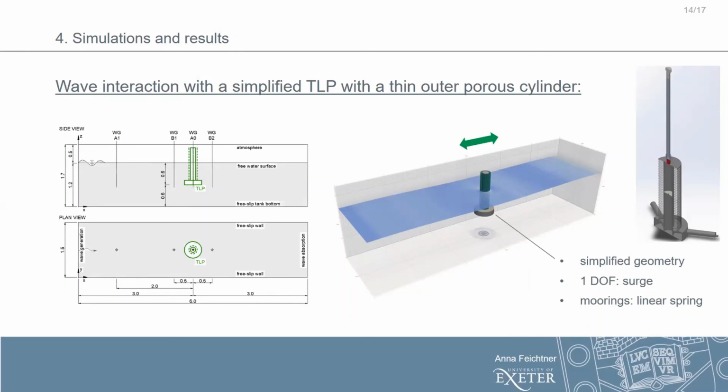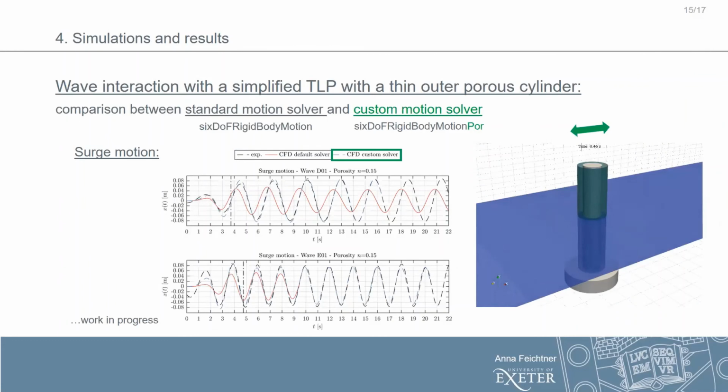So this is the first simple model to keep the computational demand low, and also the mesh is relatively coarse here. And the initial results show that it gives good results in that case. Here we can see the surge motion results, and it's a comparison between the experimental results, OpenFOAM's default solver, which does not account for the force on the porous structure part, and then the modified and custom solver.